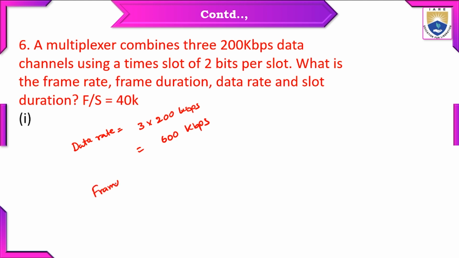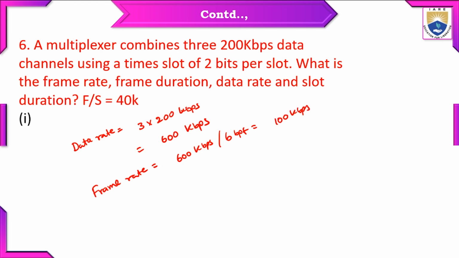Now the frame rate. The frame rate is 600 kbps divided by 6 bits per frame, which gives 100 kbps. Why?